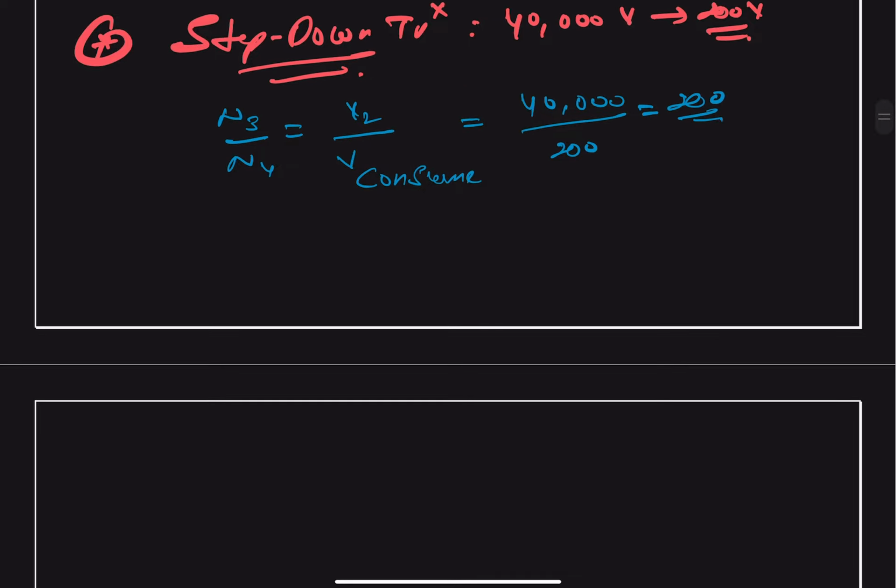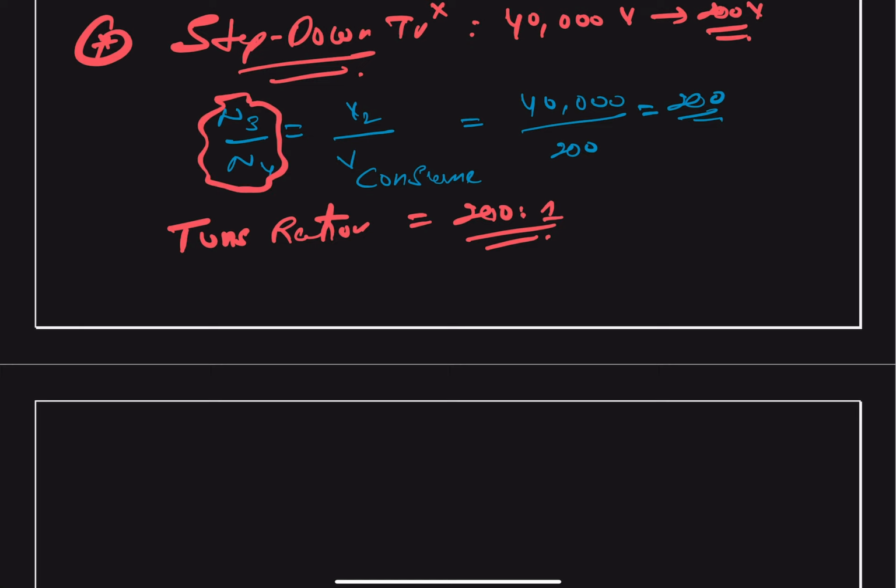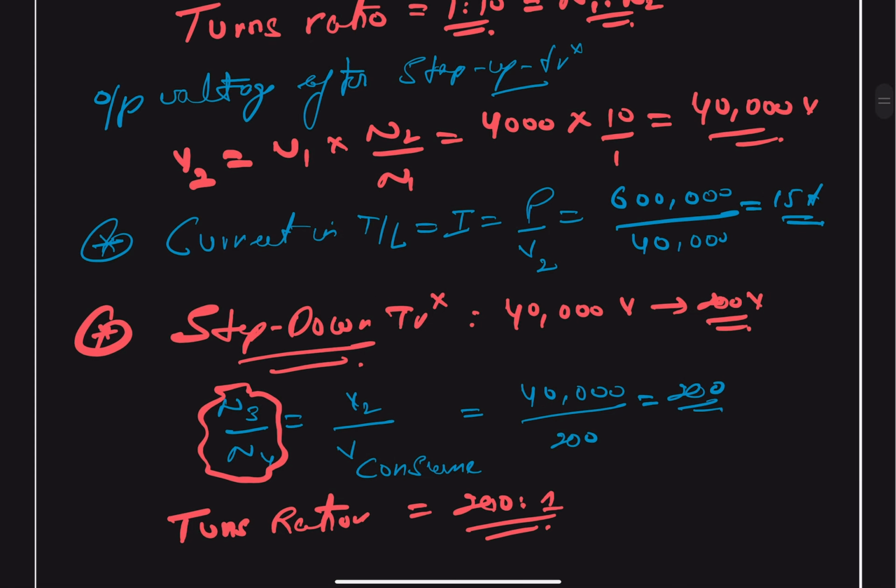Therefore, the turns ratio will be equal to 200 is to 1. Okay. So this N3 upon N4 is written only to differentiate it from N1 by N2, that's all.